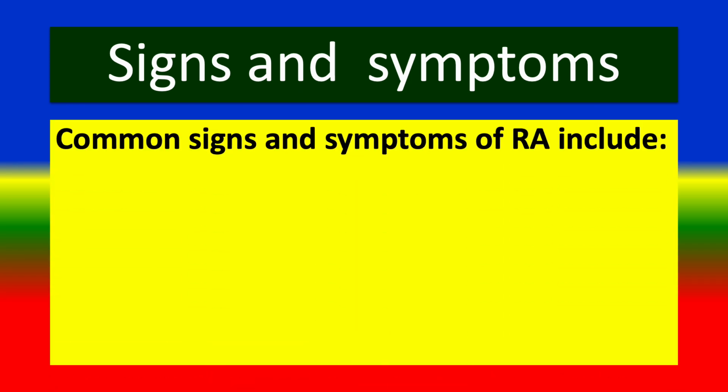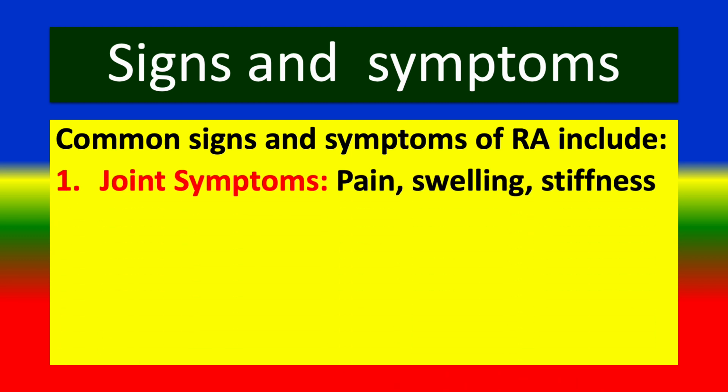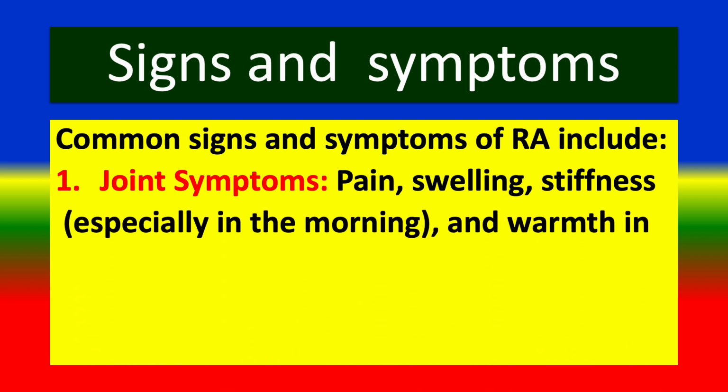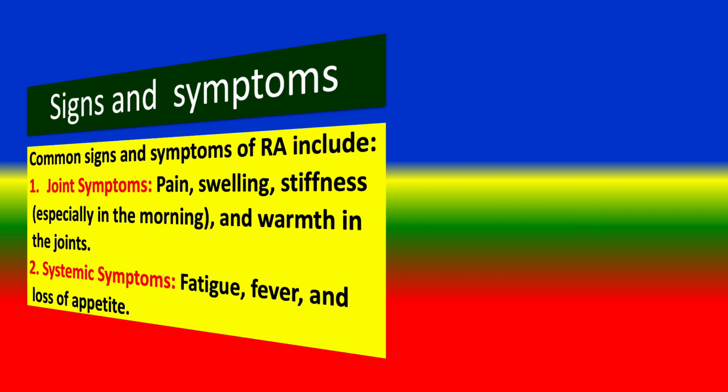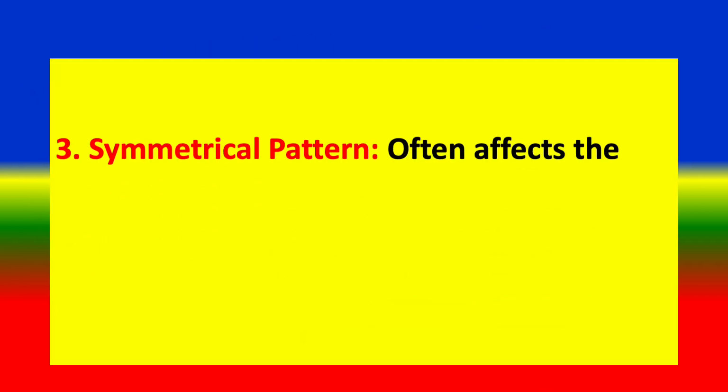Signs and symptoms. Common signs and symptoms of RA include 1. Joint symptoms: pain, swelling, stiffness, especially in the morning, and warmth in the joints. 2. Systemic symptoms: fatigue, fever, and loss of appetite. 3.